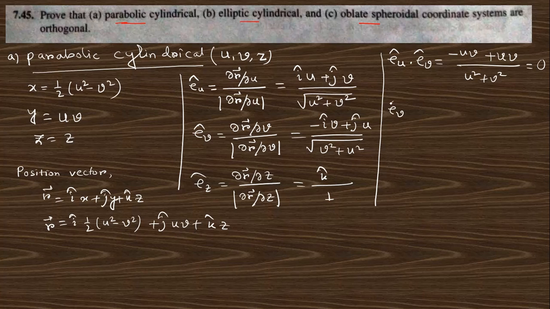Similarly, e v dot e z: the components are i, j and this is k, so this must also be 0. And similarly e z dot e u: this has i, j and that has k, so the dot product is also 0. Since these three dot products are 0, you can say e u, e v and e z are mutually perpendicular to each other.